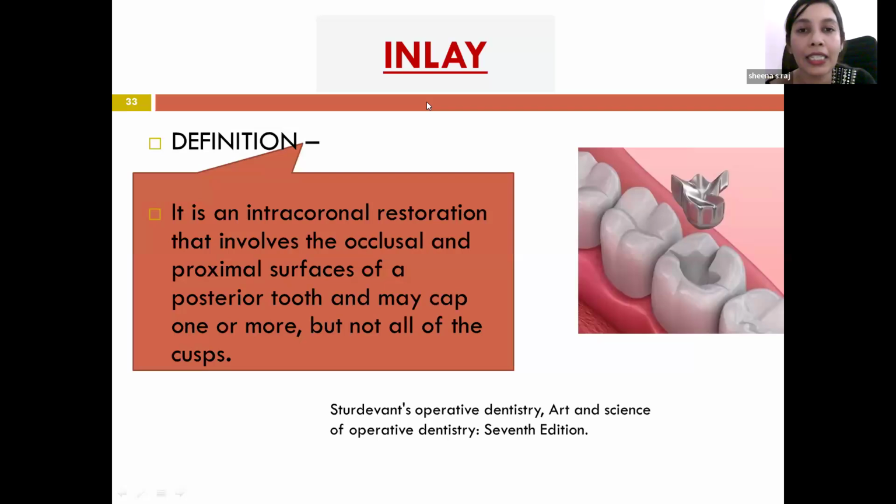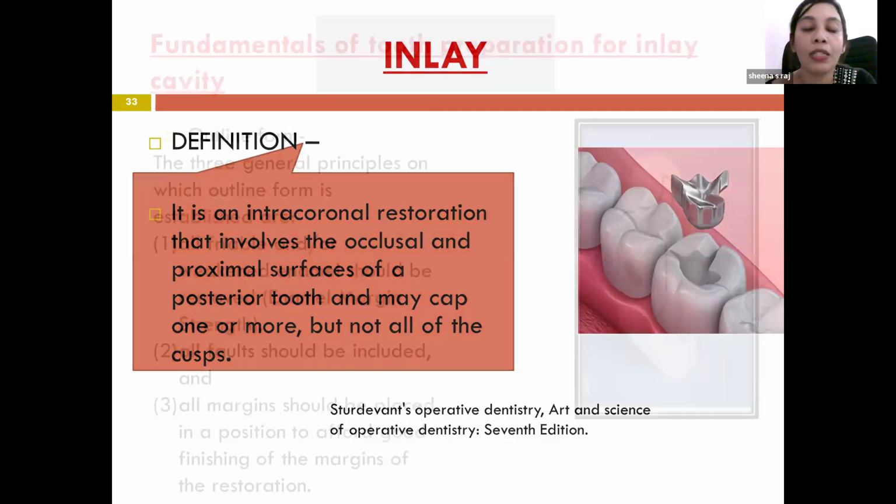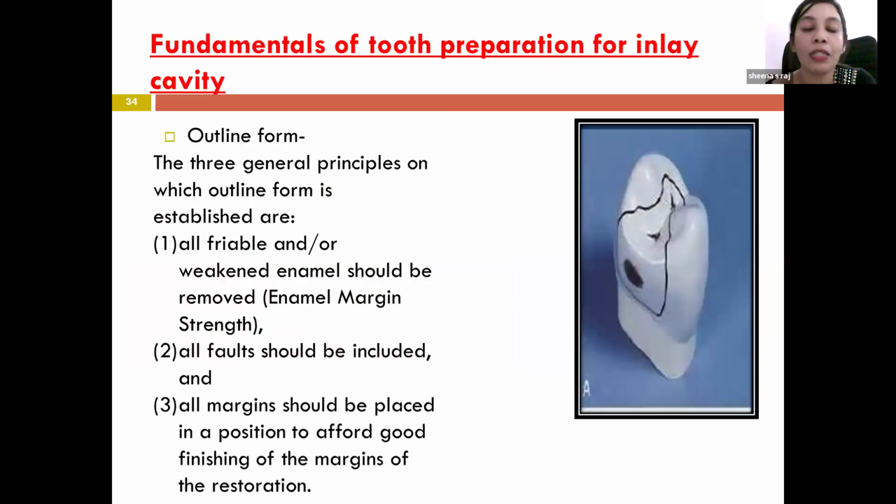That is the thing that you have to keep in mind. Whenever we write an amalgam restoration, we follow the fundamentals of cavity preparation steps; here also.